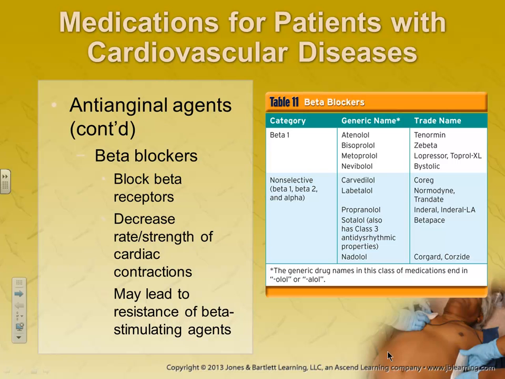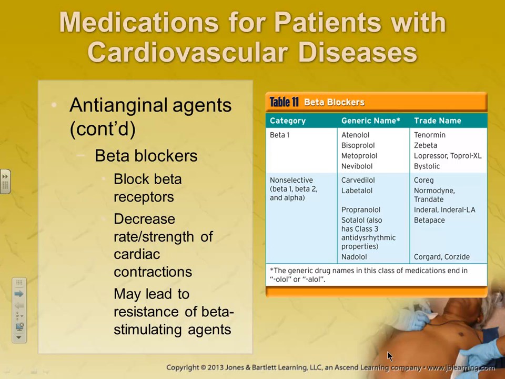Beta blockers. Now, beta blockers are used as an anti-anginal, also used for slowing down the heart rate, also used for high blood pressure. A beta blocker does what?